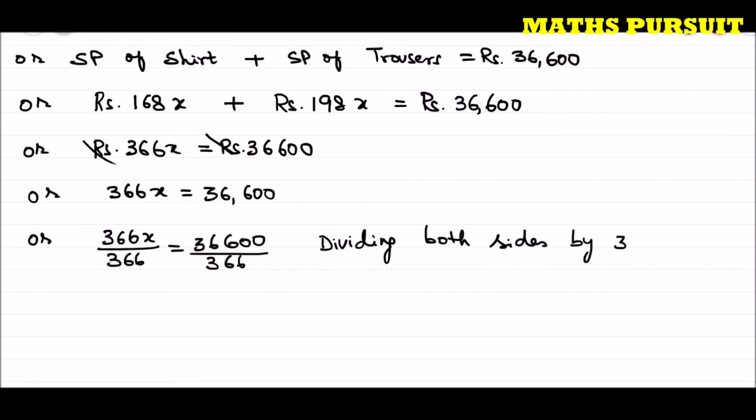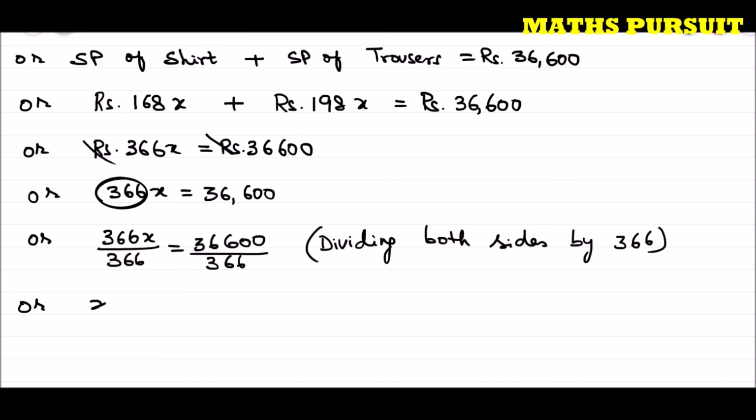By 366. Why am I dividing? I am dividing because I want to eliminate this 366. In order to eliminate this 366 from x, I need to divide by 366. If I am dividing something on the left side of the equation, I need to divide the same thing on the right side of the equation. So for that reason, I am dividing both sides by 366.